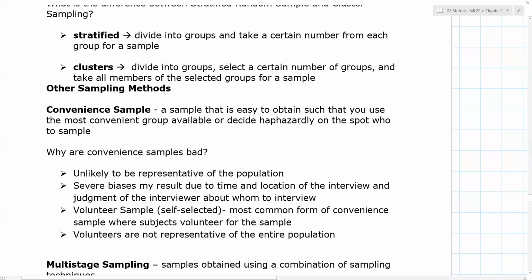It provides information, it's fun, it can spark debate, but it is not scientifically relevant. It's not good research. And the reason is because you're allowing people to choose whether or not they want to vote, which means you're getting a biased sample. The people that are going to take the time to vote are going to be the people who are invested in that type of question.